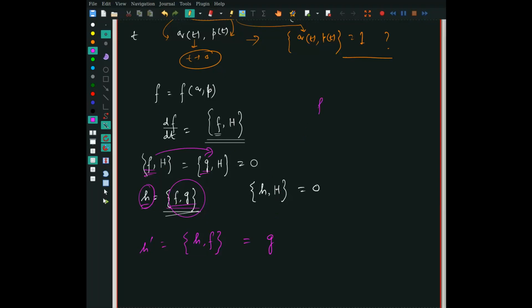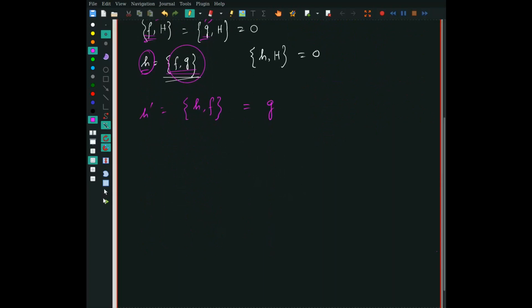So you would be saying that f, g, and h constitute a closed algebra under Poisson bracket. Okay. So this is the first lesson that you learn.